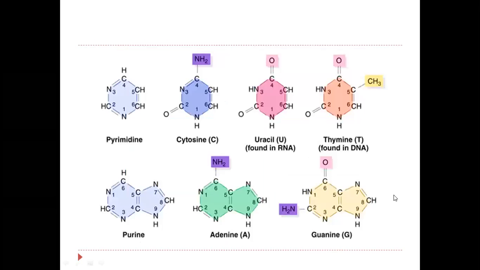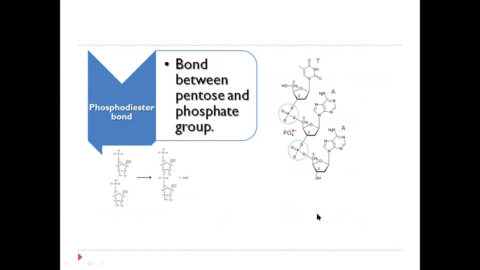So if you see here, the pyrimidines, they have just one ring, and cytosine, uracil, and thymine, they just have one ring. Notice here that we have uracil here that is found in RNA, not in DNA. So that's the difference between DNA and RNA. So then the purine, they have two rings, as you see right here. Adenine and guanine, they have two rings as well.